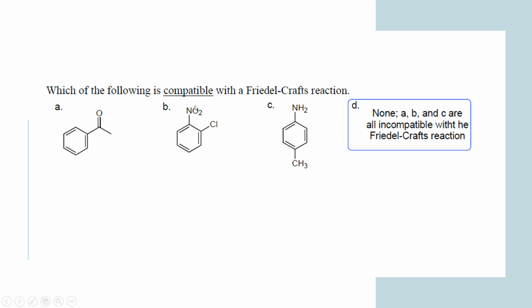Why nitro? Because nitro is a highly strongly electron withdrawing group, and chlorine is also, due to its high electronegativity, an electron withdrawing group, and these two both are making the benzene ring highly electron deficient, and that is why option B is also not compatible for Friedel-Crafts reaction.